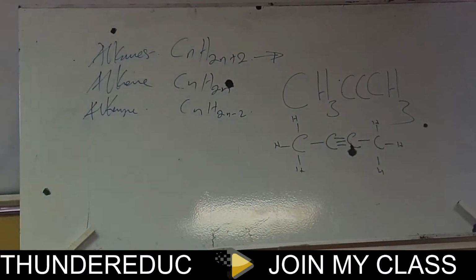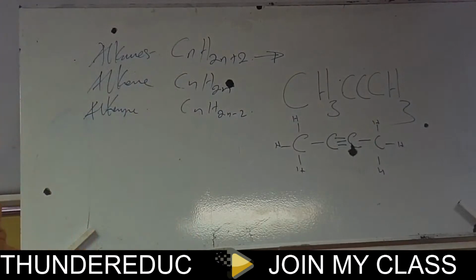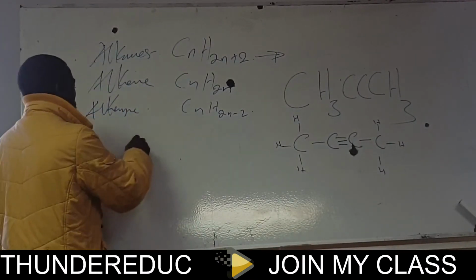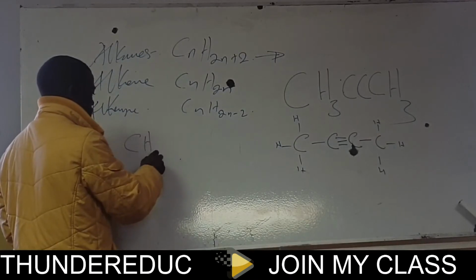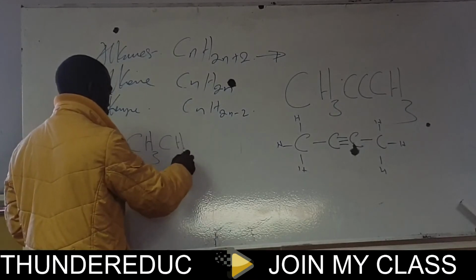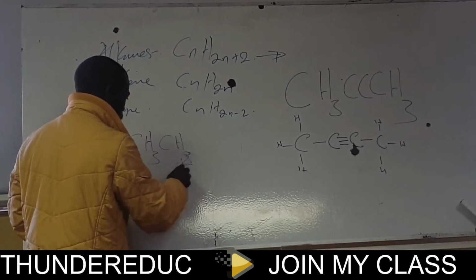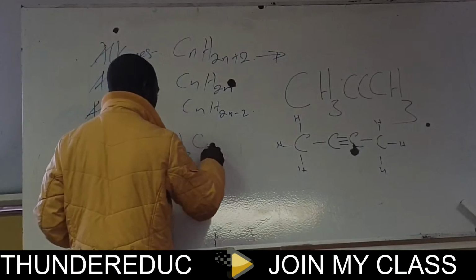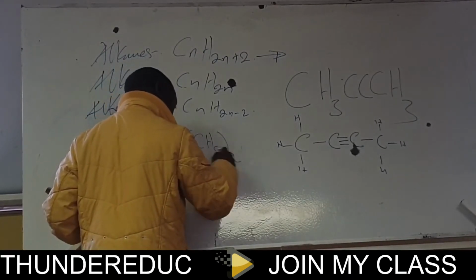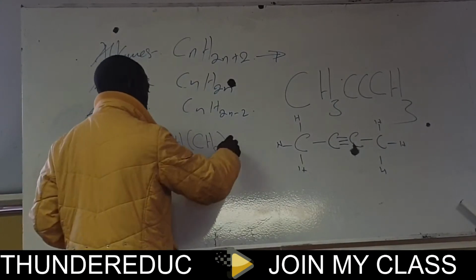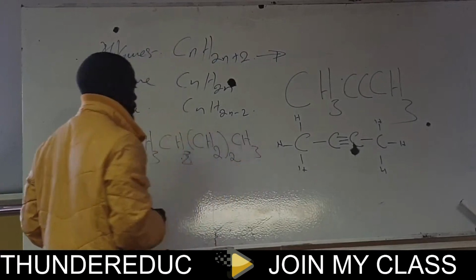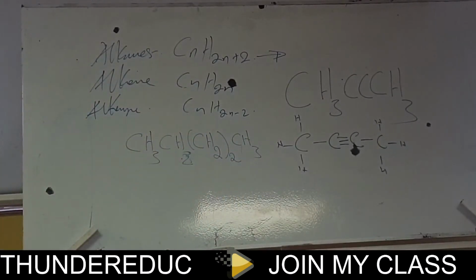So what I was saying, last time they brought this question, and I saw that many people failed this question. If the question is like this, CH3, CH2, CH2, CH3, what does it mean if it's like that?